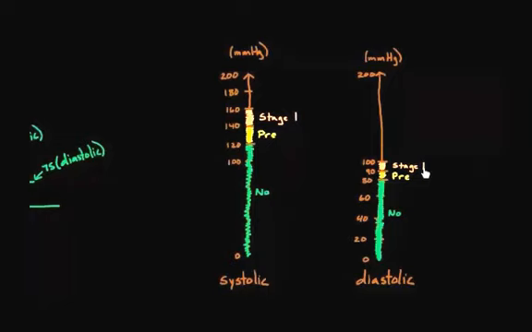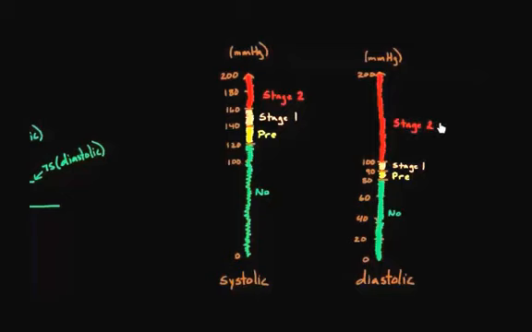And now if you have something above 160 for your systolic blood pressure, that means even higher than 200. So if, let's say you have 201, that would be stage 2. So you can see that the higher you go, the higher your stage number. And the same is true on this side. So let's say you have a really high diastolic blood pressure, well above 100, you'd have stage 2 hypertension, all the way down there. So this is stage 2.